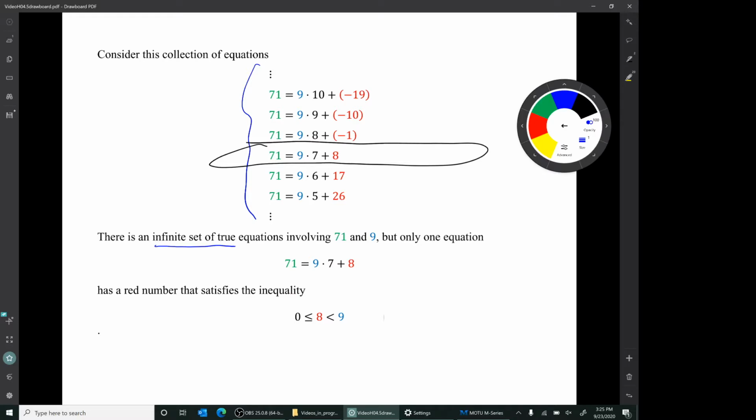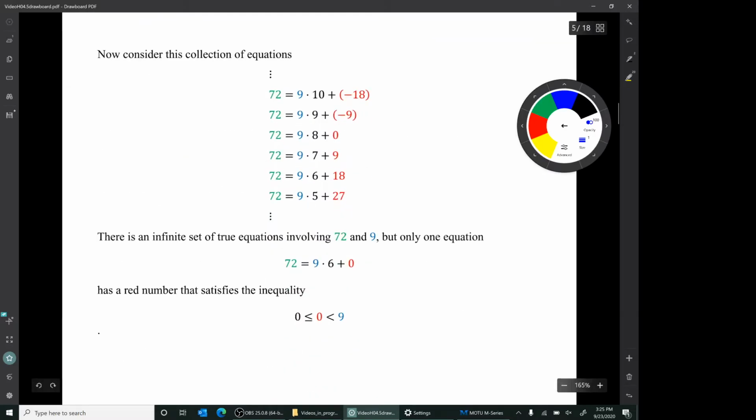Let's look at another collection of equations. Here we have another infinite collection of equations. These involve the green number 72 and the blue number 9. They're all true, but only one of them, that one, has the special extra property that the red number 0 is greater than or equal to 0 and less than 9.